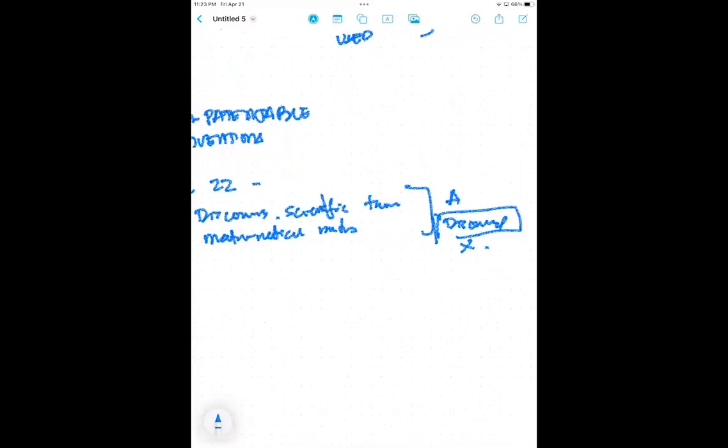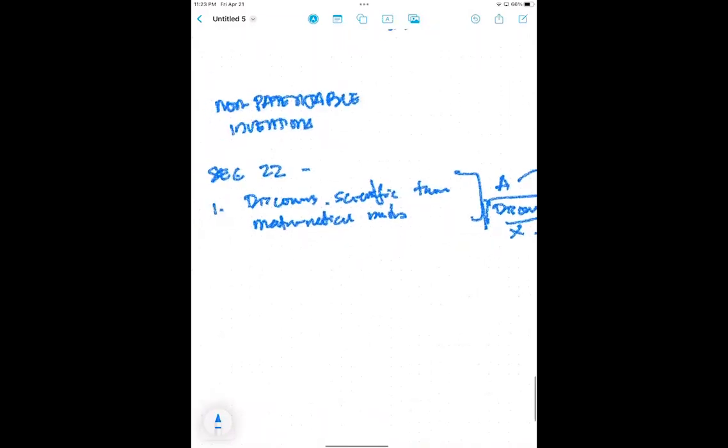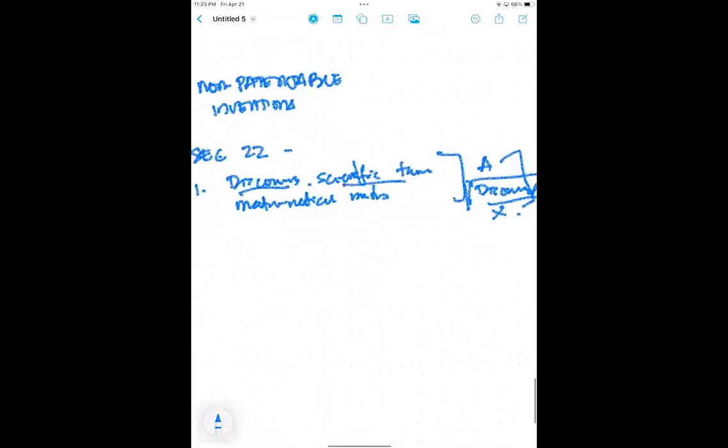Sa sobrang bago niya, pwede siyang ilagay dun sa periodic table of elements, kung posible yun. Right? So nakadiscover na panibagong element, wala pang nakakadiscover. And the question now is, can A secure a patent over X? The answer is no, because this is a mere discovery. Same with scientific theory or mathematical method.